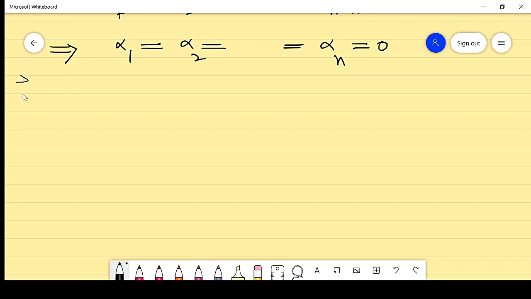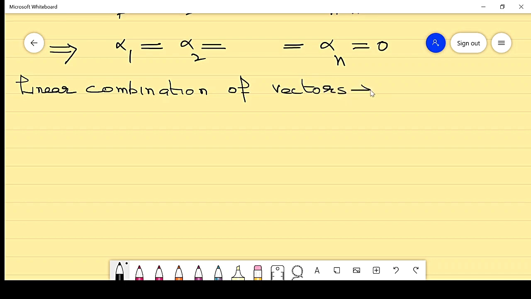Now the next definition is linear combination of vectors.